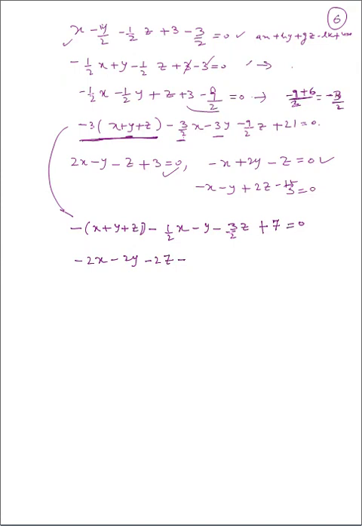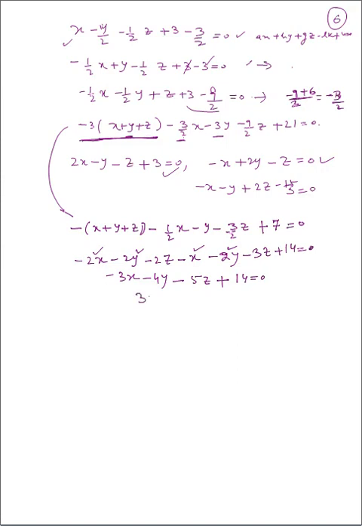minus x minus 2y minus 3z plus 14 is equal to 0. So this becomes minus 3x minus 4y and minus 5z plus 14 is equal to 0.